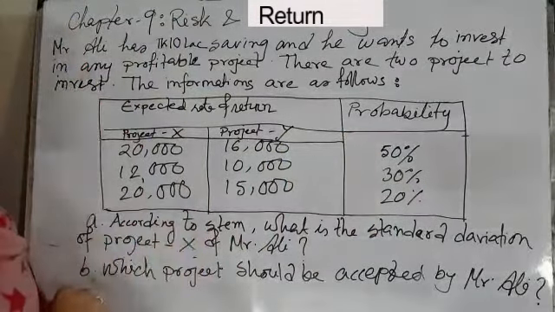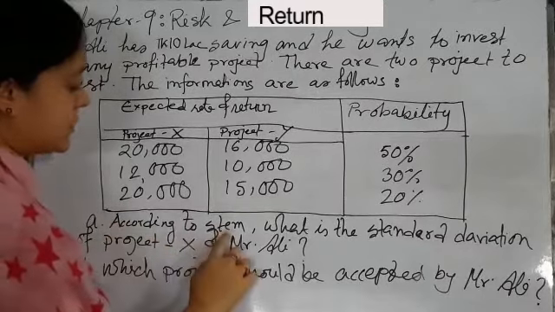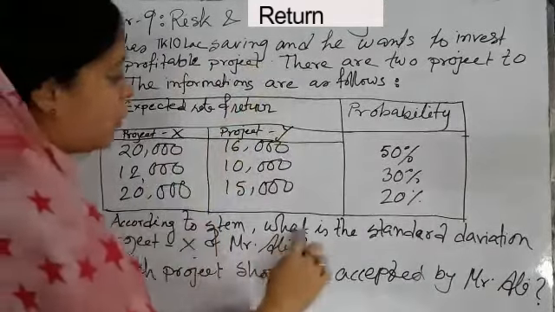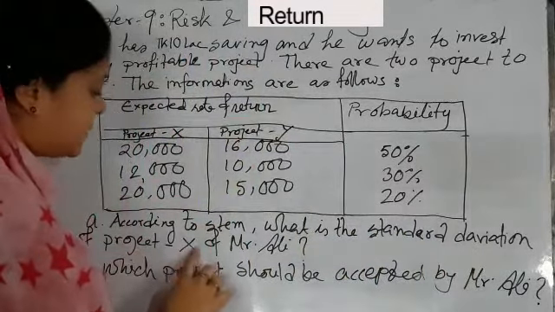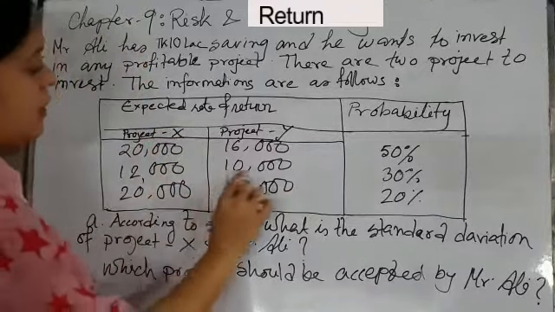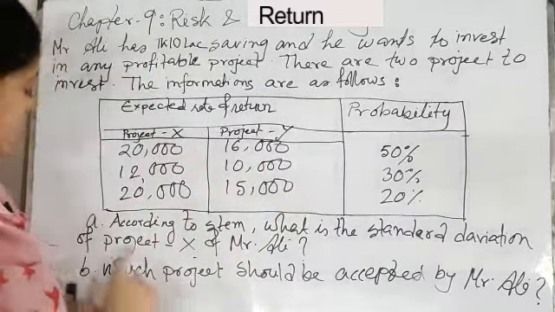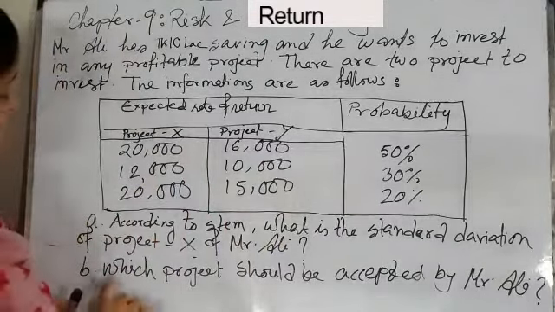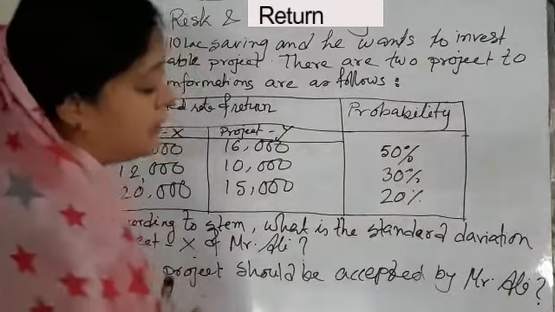The requirements are: number A, according to this STEM, what is the standard deviation of project X of Mr. Ali? We have to find Mr. Ali's project X standard deviation first. And requirement B, which project should be accepted by Mr. Ali?